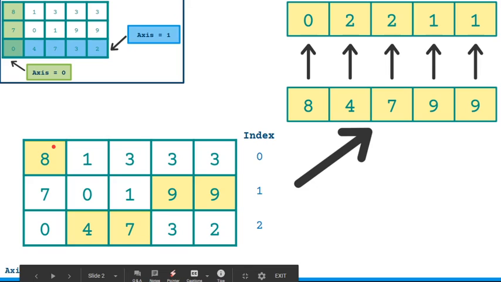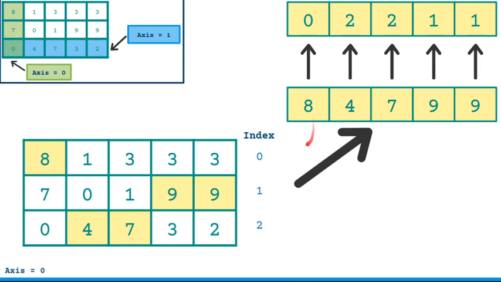We've got all of our indexes over here: the first row would be index 0, the second row would be index 1, third row would be index 2. So A would be converted to index 0 because it's on the first row. These two 9s would be converted to index 1 because they are on the second row. And 4 and 7 would have an index 2 because they are located on the last row. That is what their indexes will be.